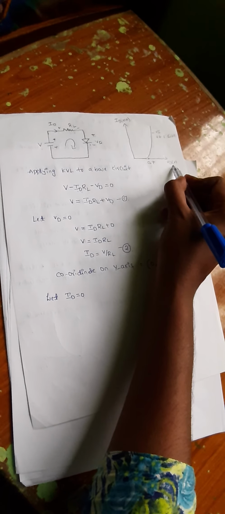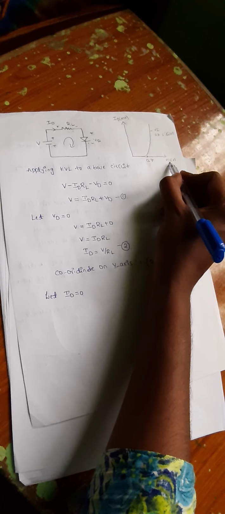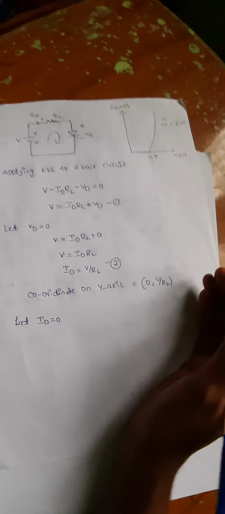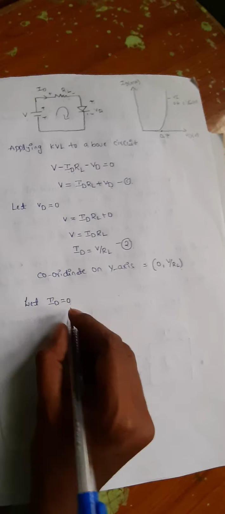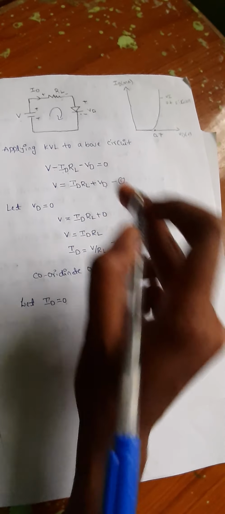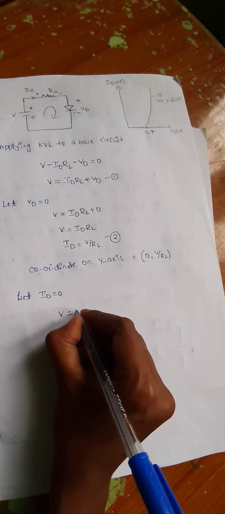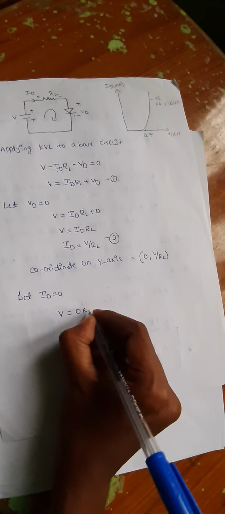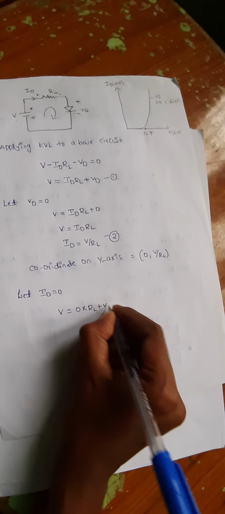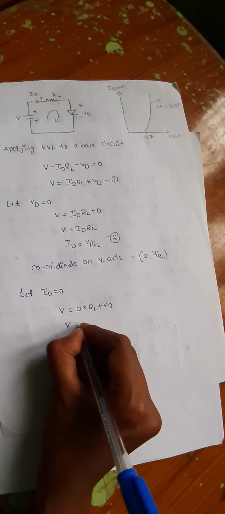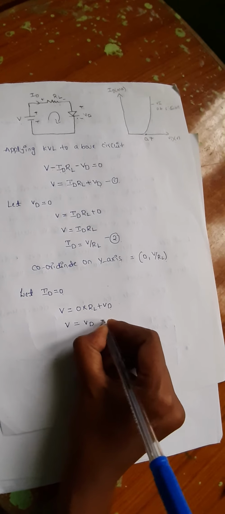On the x-axis we have VD, so by putting 0 for ID we get the value of VD. So ID equals 0. Using the first equation, V equals ID, which is 0, into RL plus VD. This term becomes 0, so V equals VD.